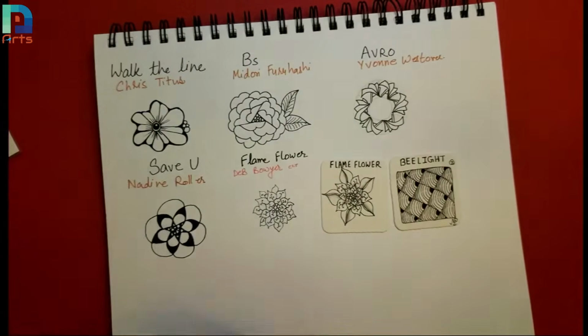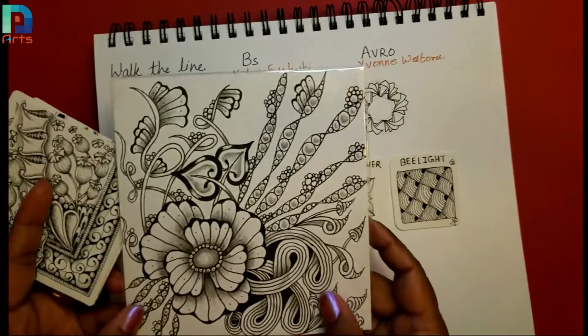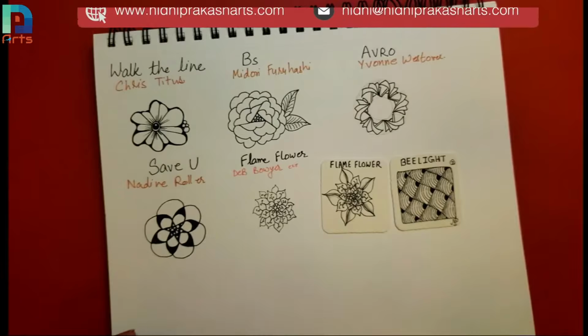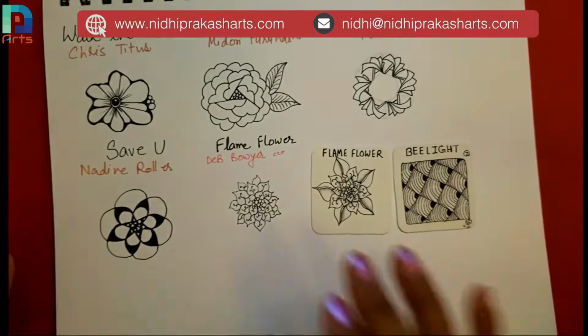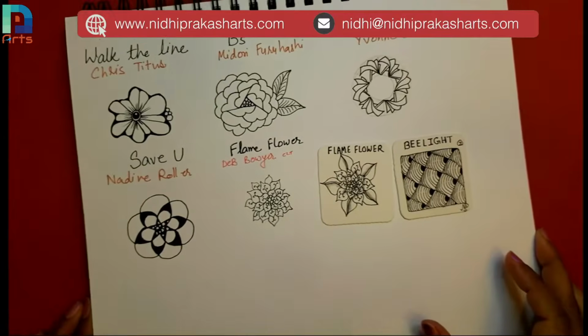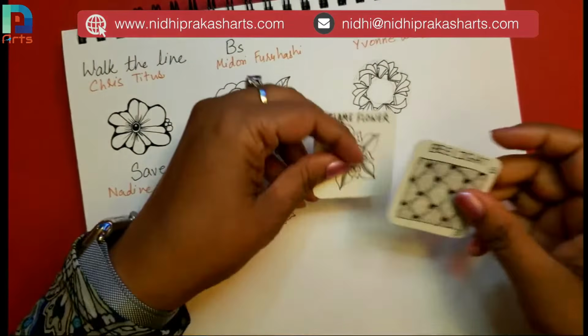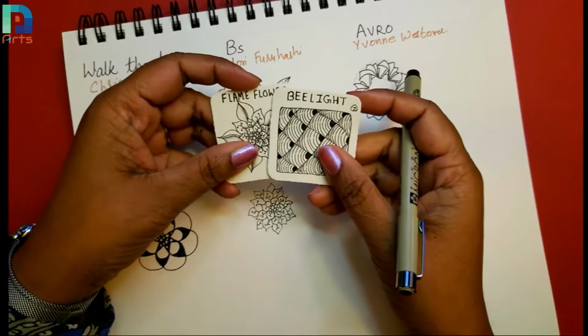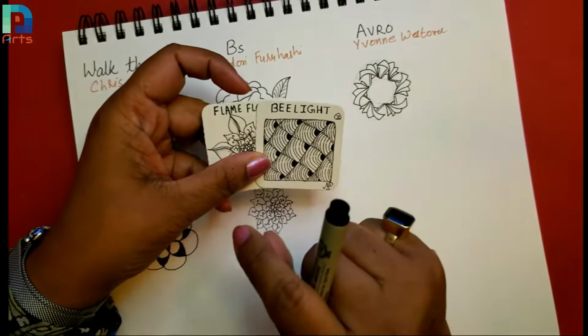There are various ways you can work: on a little bigger piece if you want, or in a small square, or in the 10-inch square, or you can grab one whole page of this journal and draw all the tangles. So today's session is just to prepare yourself and to know all the tangles. That's it. First is Beelight, second is Flame Flower.